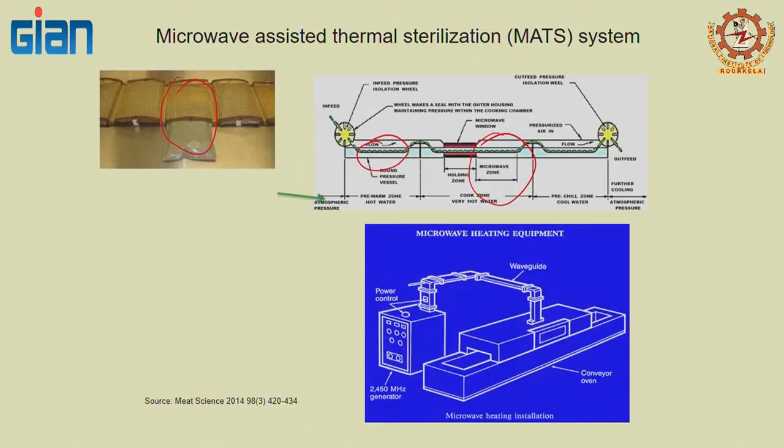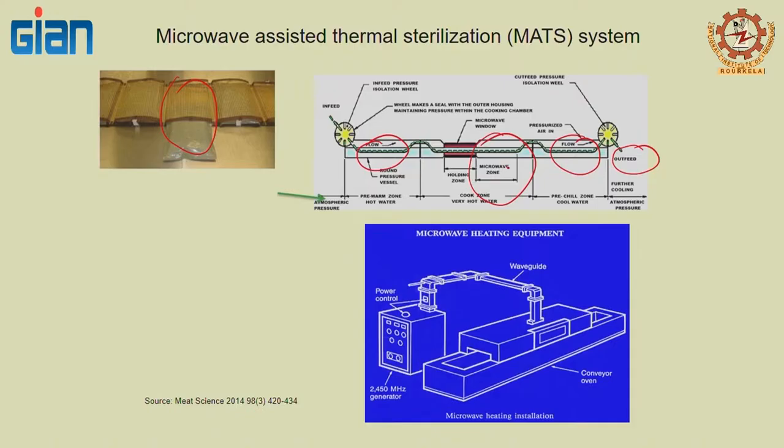When you condition everything at the same uniform temperature, the electrical properties, like the dielectric properties, are going to be at the same temperature. That means the temperature increase is going to be much more uniform, and then it goes through a cooling section, and the product comes out after this.